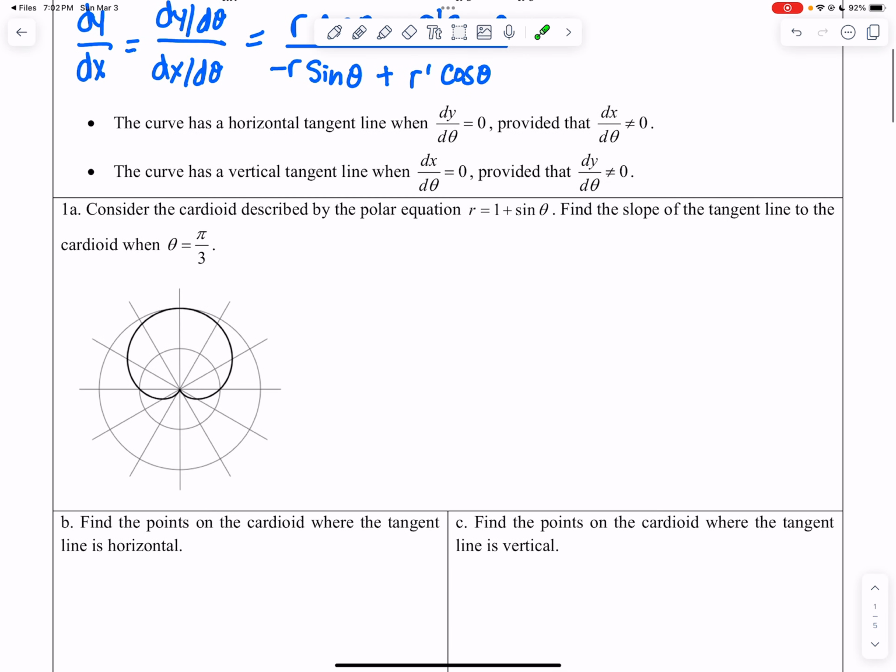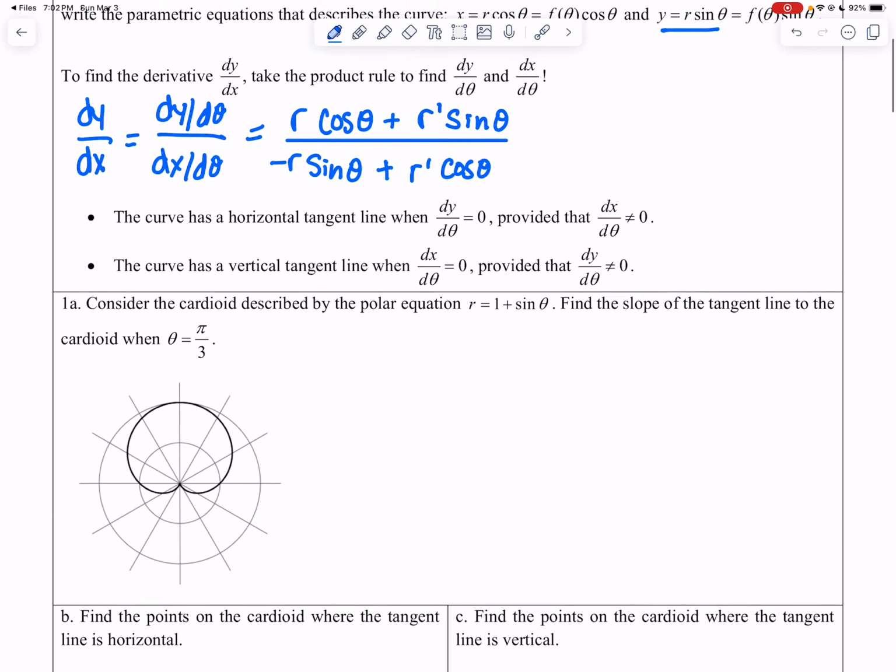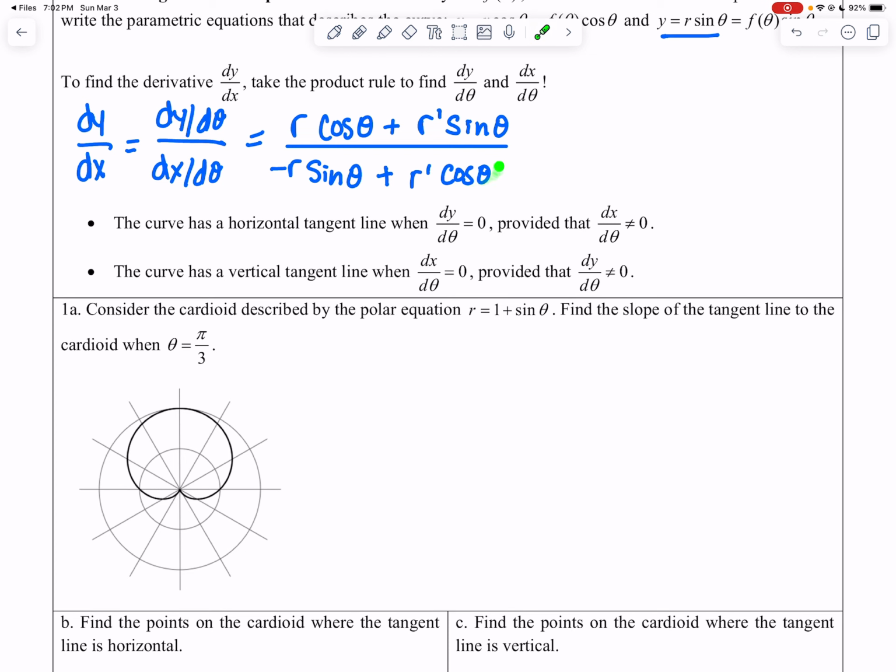Okay, so let's consider the cardioid described by the polar equation r is equal to 1 plus sine of theta. We want to find the slope of the tangent line of the cardioid when theta is equal to pi over 3. Okay, so essentially we're going to be using this right here.